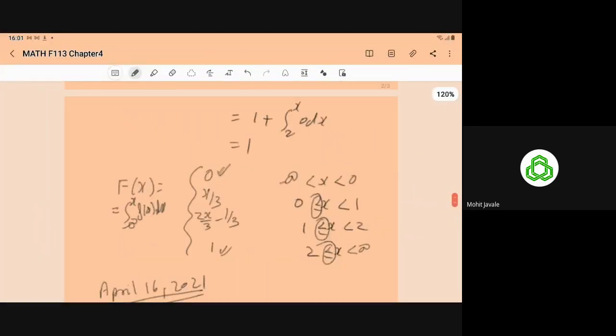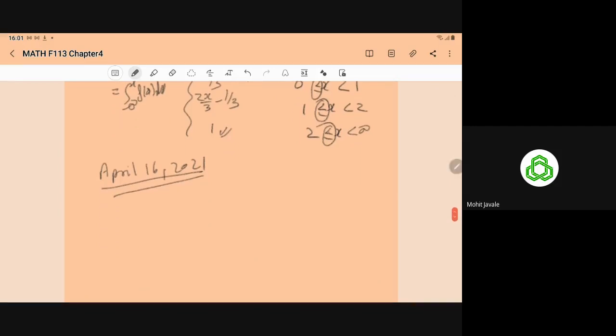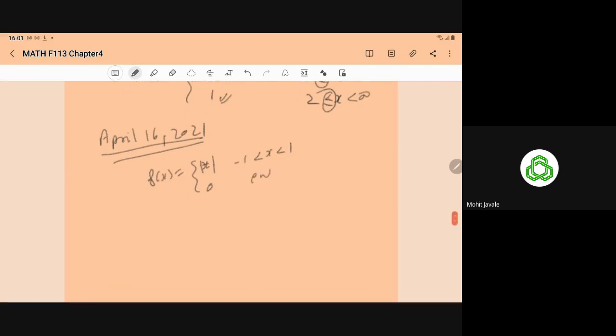So this PDF can be written as -x for the range -1 to 0, x for the range 0 to 1, and it is 0 elsewhere.